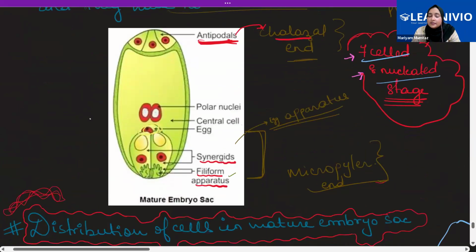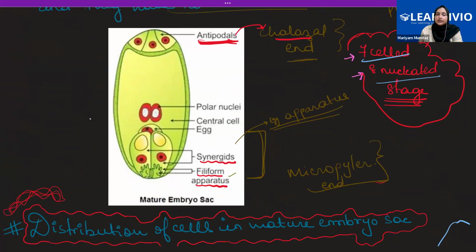Now this is a clearer picture of the embryo sac wherein you would understand it better. See here, there is a statement that says a mature embryo sac is 7-celled, 8-nucleated.